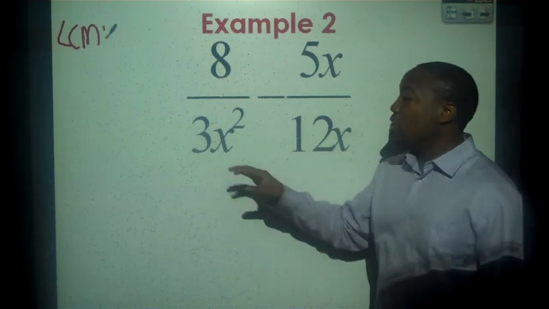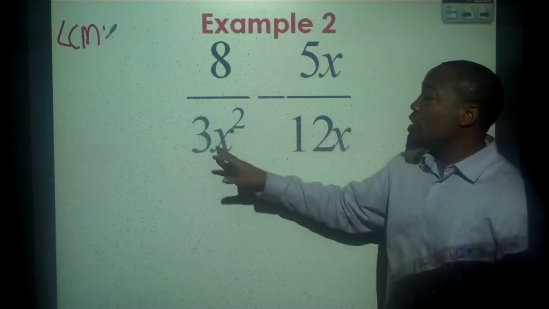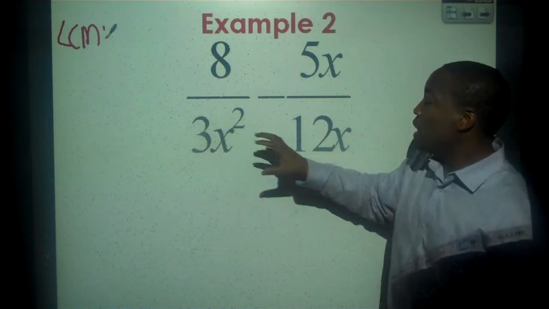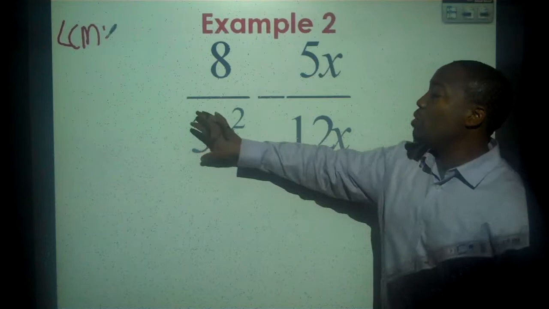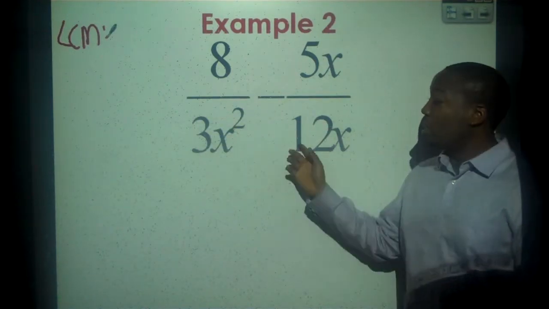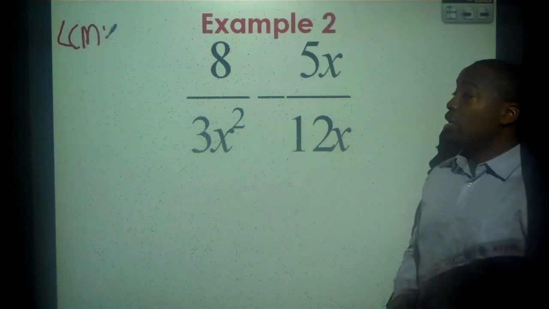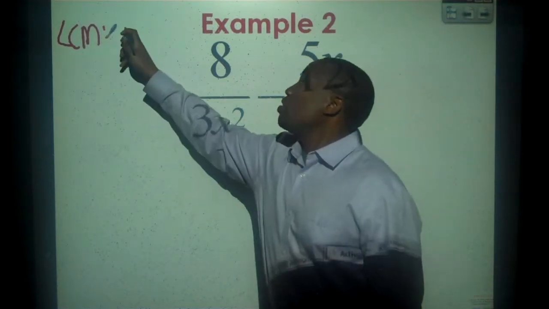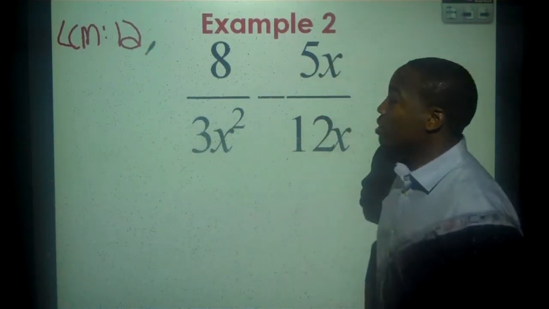For example, let's start with just the numbers, the 3 and the 12. What can I multiply times 3 and what can I multiply times 12? What's the smallest number they can both multiply up to? Based on just looking at the numbers, we know that the number they both can multiply up to is 12. So go with 12 first.